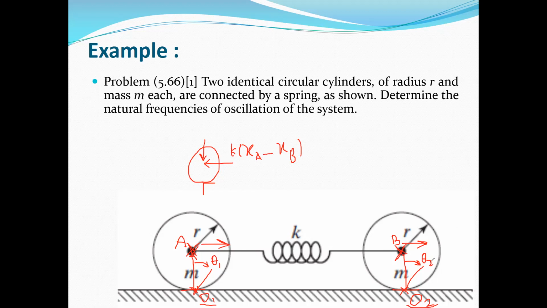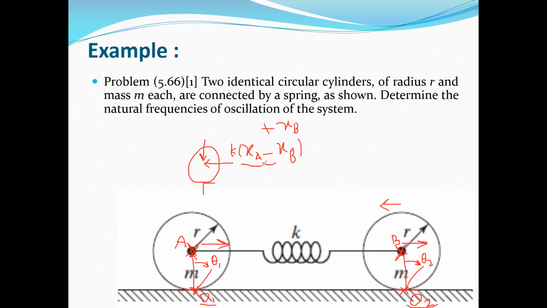If we assumed that theta 2 was counterclockwise and point B was moving to the left, then XB would be positive, so it would be plus XB. But here we assume that theta 2 is clockwise, similar to theta 1. So both point A and B will move to the right, and point A will press the spring, but point B will pull the spring. So we will have one negative here.